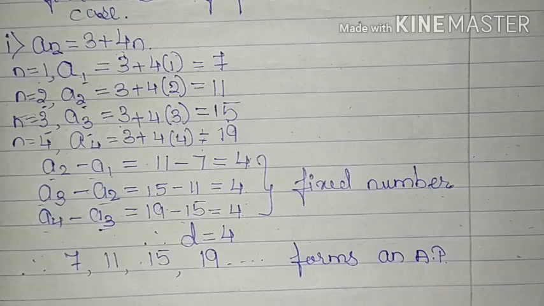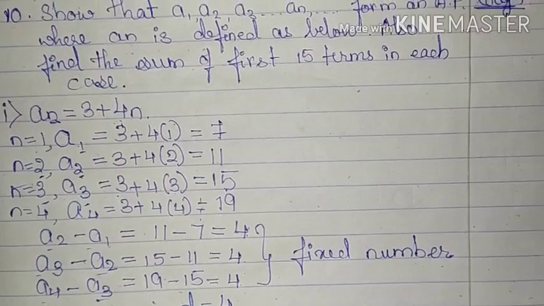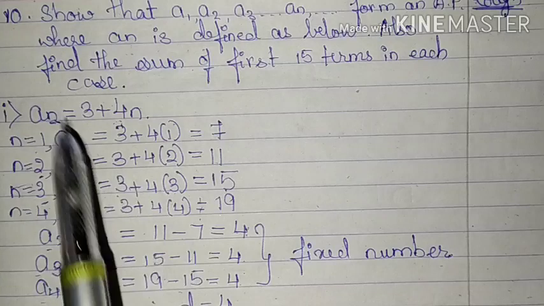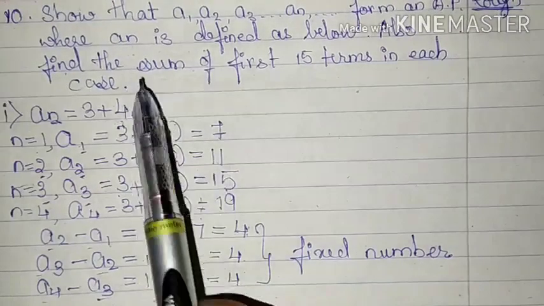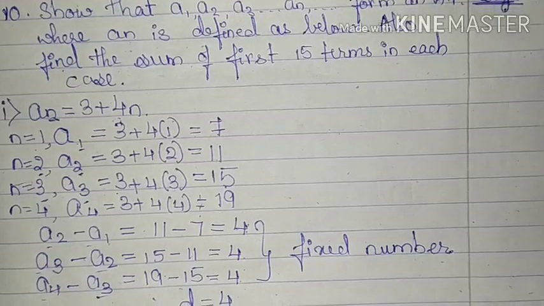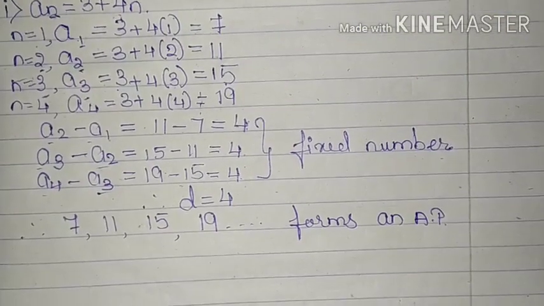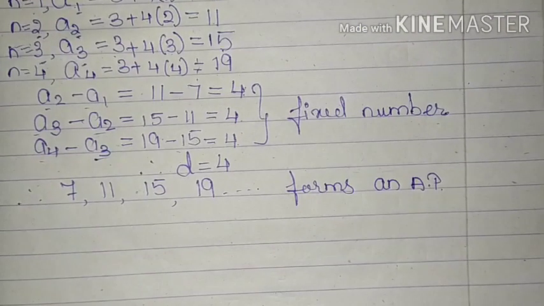Now since for the given an, the list of numbers forms an AP, what was the remaining part of the question? If it forms an AP, then find the sum of first 15 terms in each case. So first let us determine the 15th term. To find the sum, we have a, that is a1, which is equal to 7.